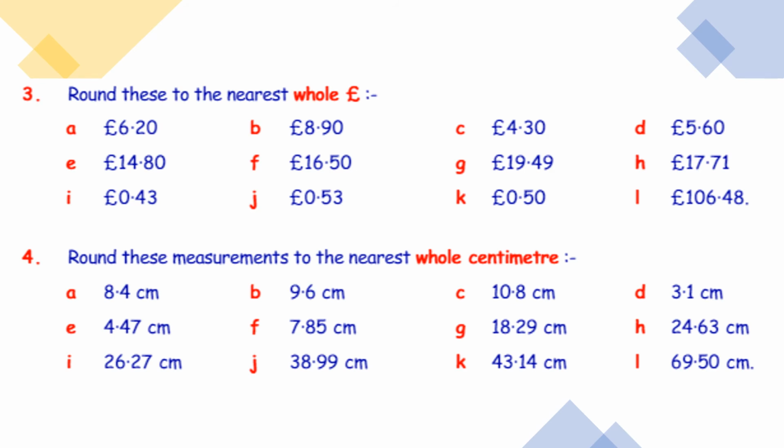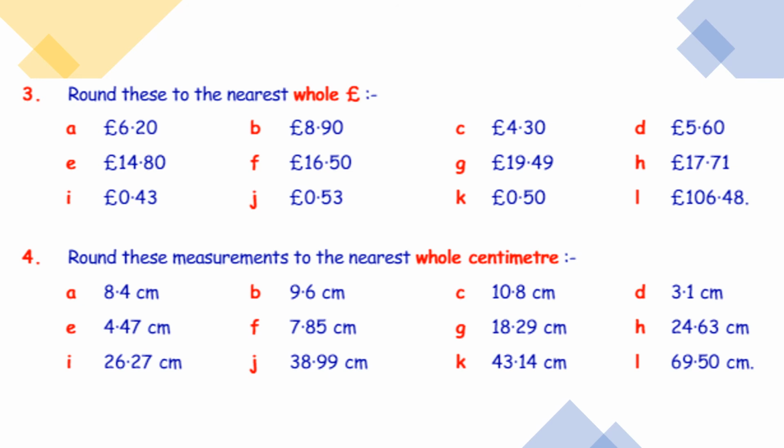3 and 4, this is actually using pounds, rounding to the nearest pound, okay, which is definitely the easiest way to think about it. I, J and K are definitely there to confuse you, so just think carefully.